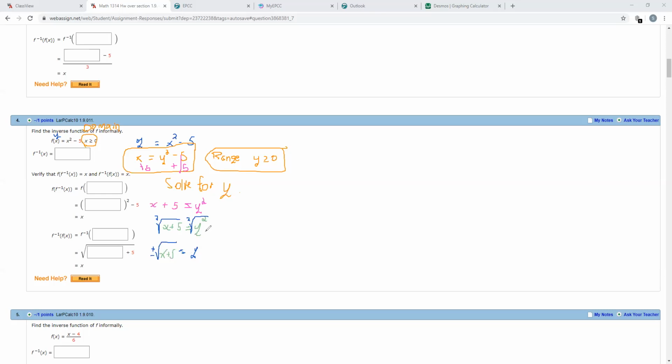But remember, y has to be greater or equal to 0. So if you take a square root function, which is always a positive value, times this negative in front, that would give you a negative value, and y cannot be negative because y has to be greater or equal to 0. So that forces this negative piece to be eliminated, and so the inverse equation is just the square root of x plus 5.